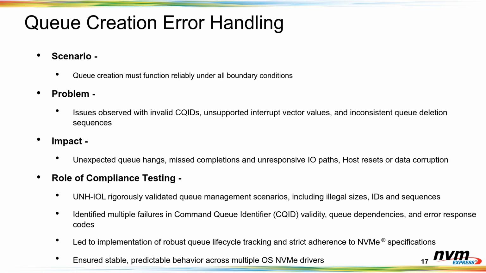So yeah, the first scenario is checking the error handling for queue creation, which is very critical for NVMe, right? The scenario is that queue creation should be reliable under different conditions, including different edge cases.